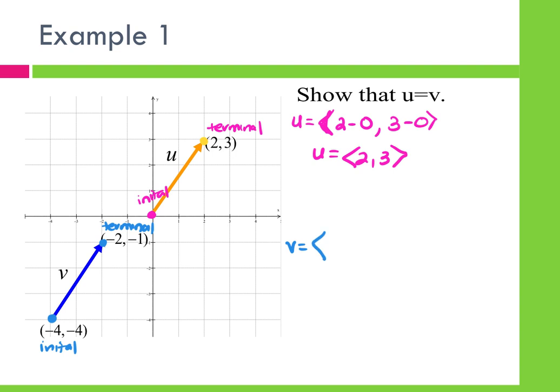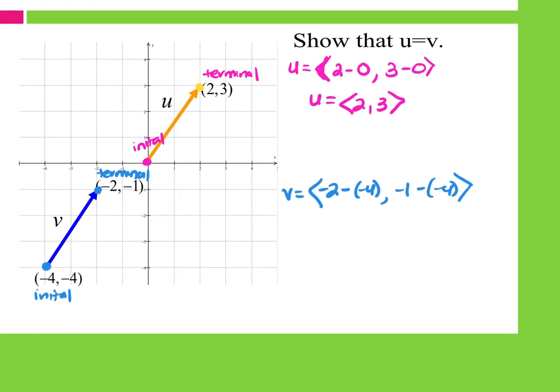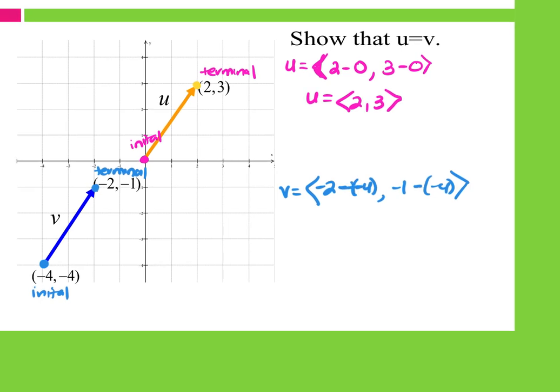So if I want to do the second x, or the terminal x, it's negative 2 minus a negative 4, comma, negative 1 minus a negative 4. My minus negatives become plus, and I end up with negative 2 plus 4, which is 2, and negative 1 plus 4, which is 3.